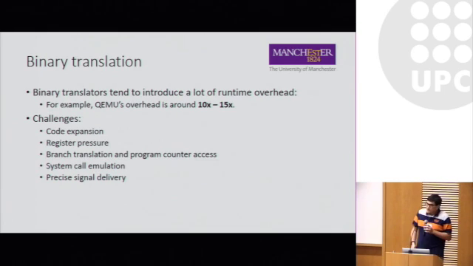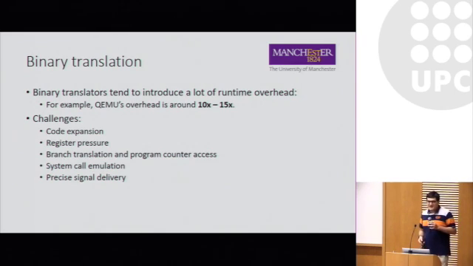Branch translation and program counter access. The problem here is that the translated code fragments in the code cache are located at a different address than the source instructions. So whenever you have an instruction that refers to the program counter, you need to be able to recover in the translated code the address of that source instruction.